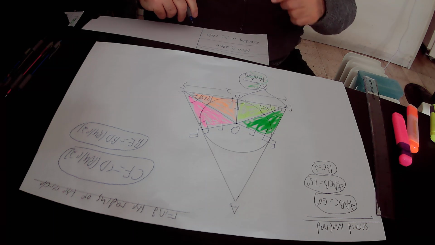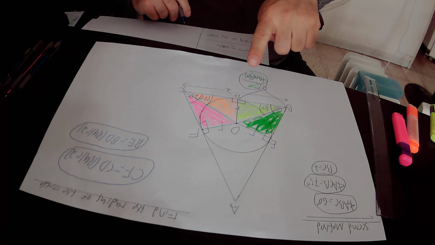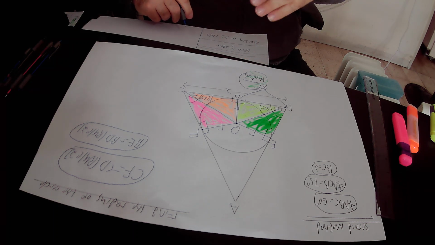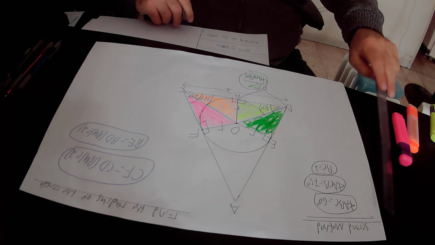In the next step, I will copy the orange right triangle ODC onto a new page, and we will analyze this orange triangle ODC.